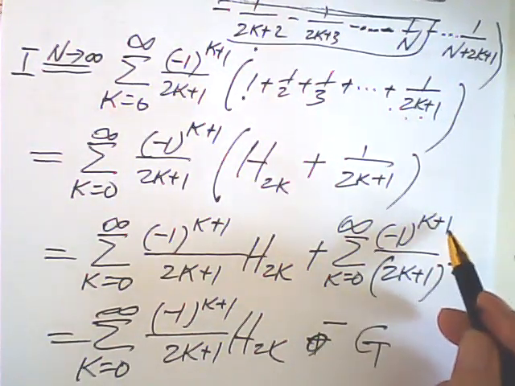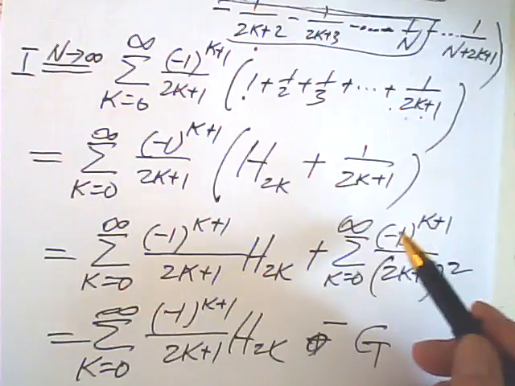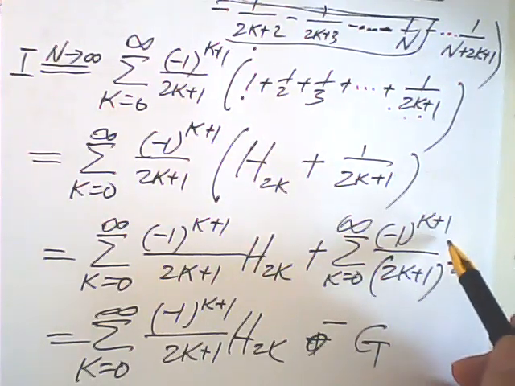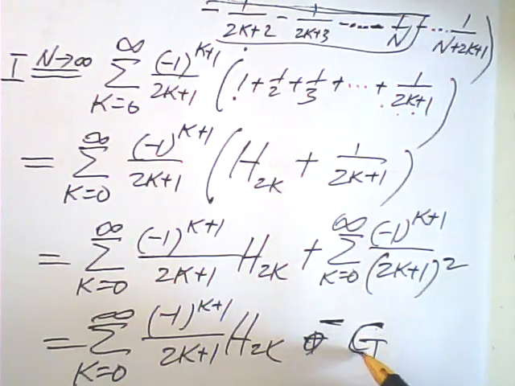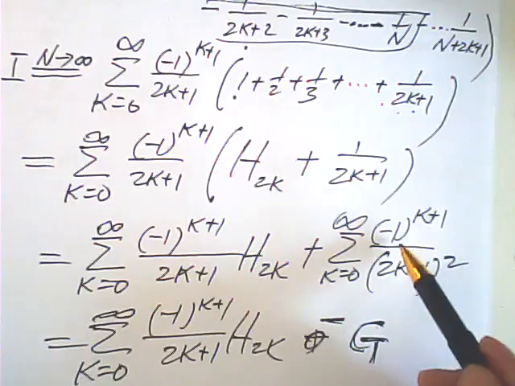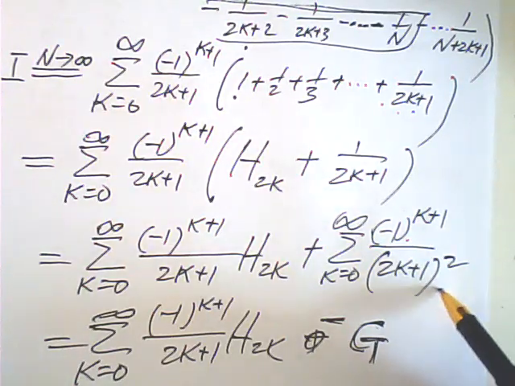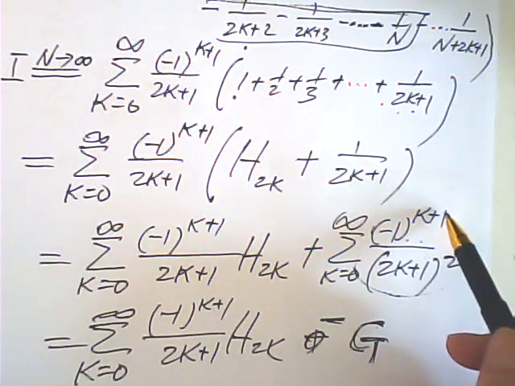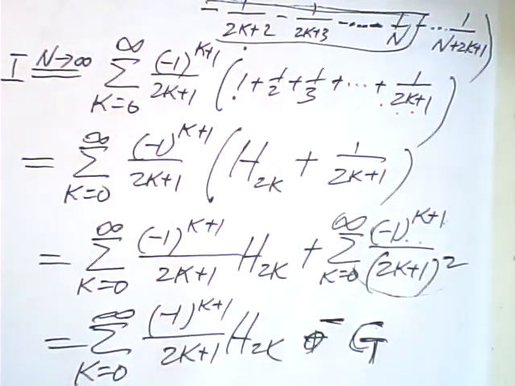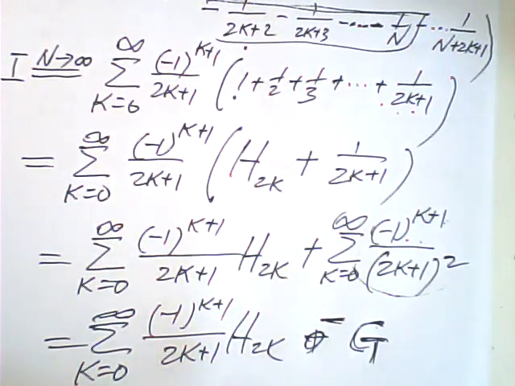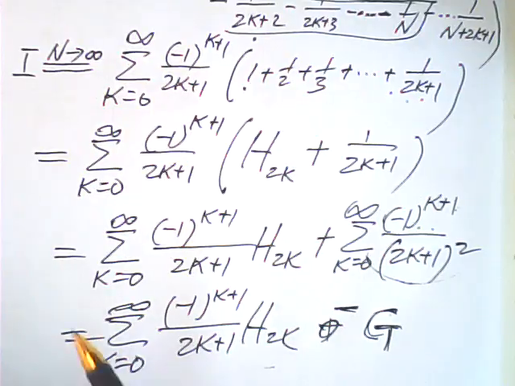Because we have plus 1. So this one is this multiplied by negative 1. So it's a negative G. This one is the Catalan constant multiplied by negative 1 to the power 1. Okay. All right. So this one is equal to my I.